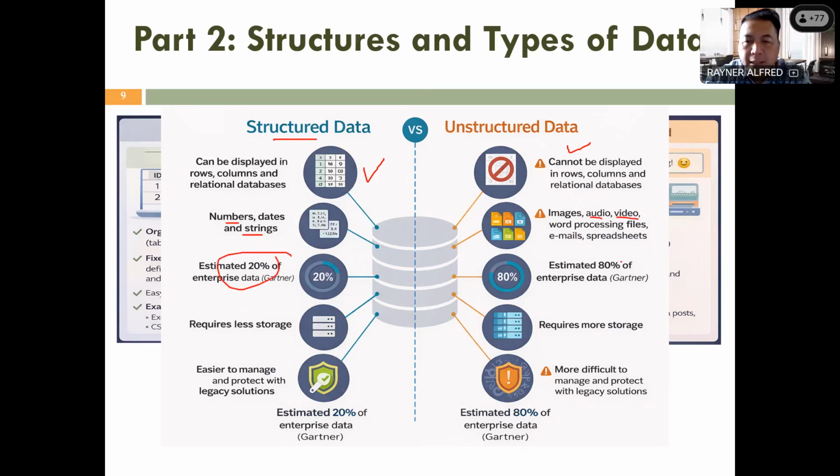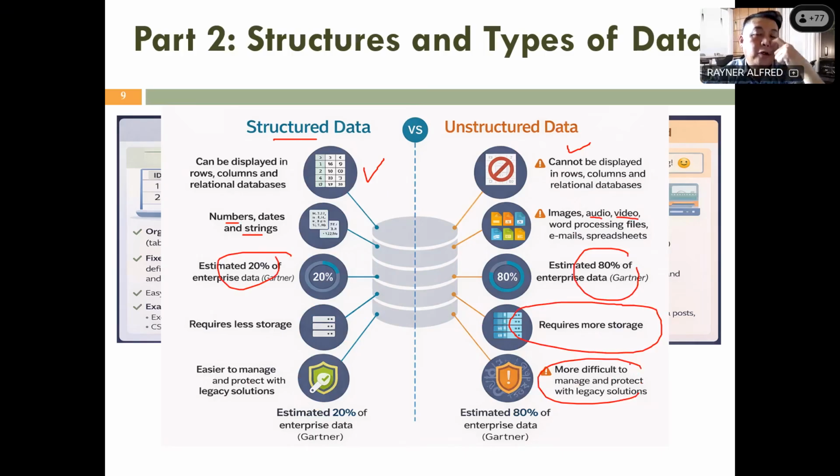So 20% is structured, 80% is unstructured. Structured requires less storage, while unstructured requires more storage because most of the data are big in size. Structured is easier to manage, and unstructured is more difficult to manage.